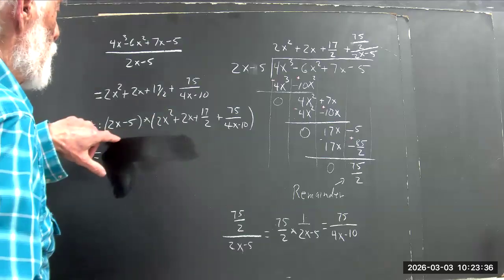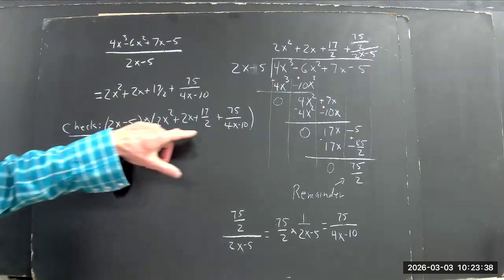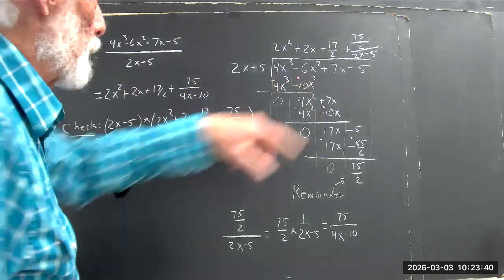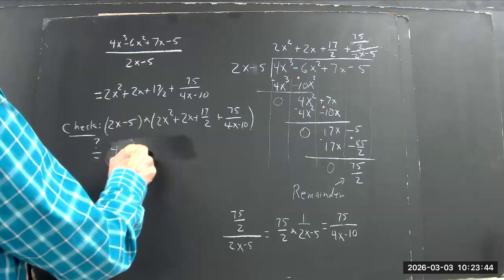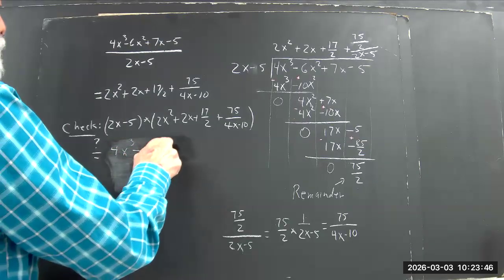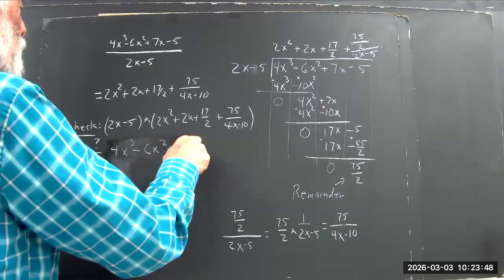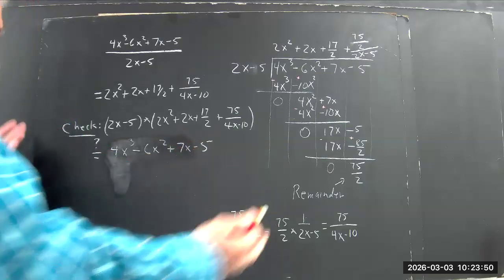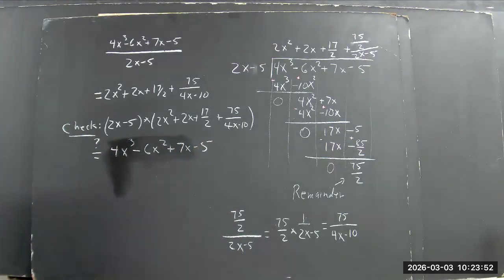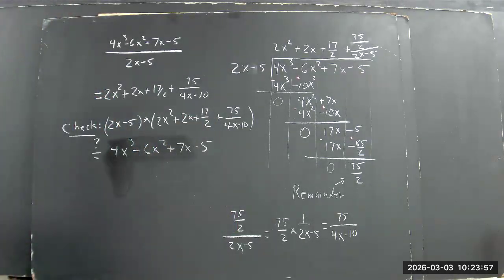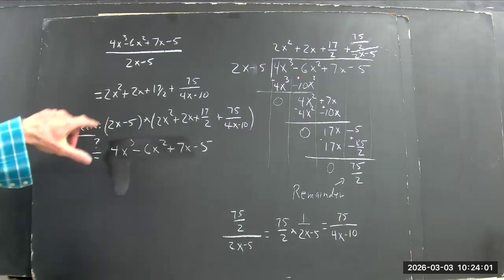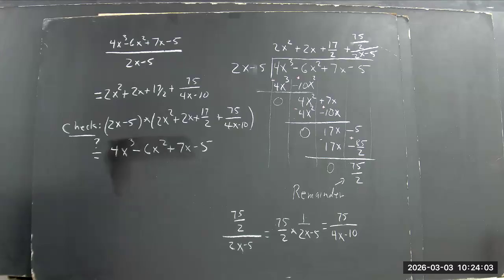Okay, this is our divisor times our quotient should equal the dividend, which is our original 4x cubed minus 6x squared plus 7x minus 5. I started to write that out and then decided I'd done something wrong. So this is multiplied using the distributive law, just as in the first example.